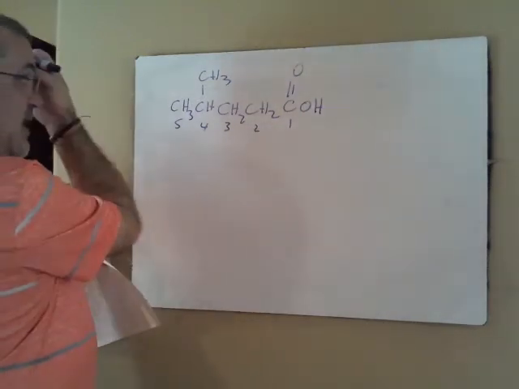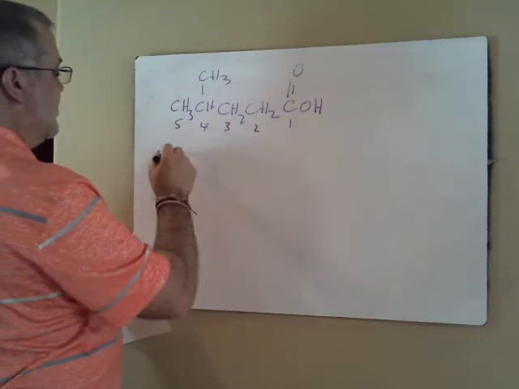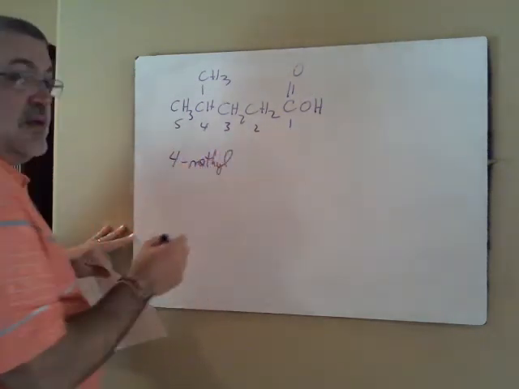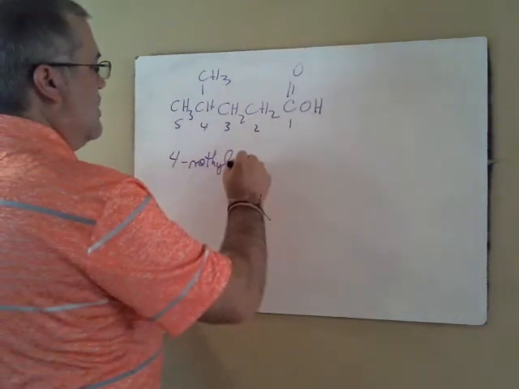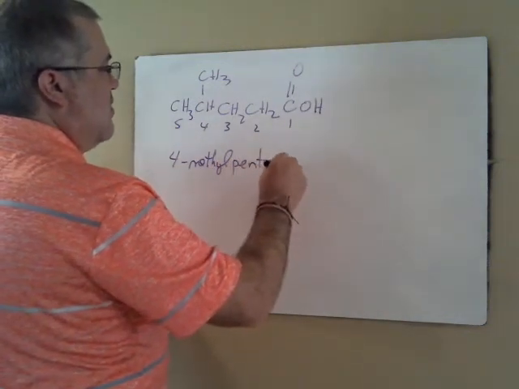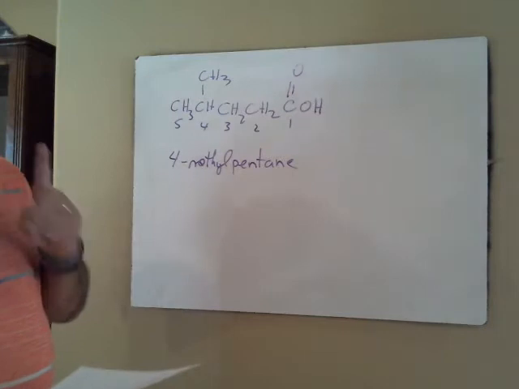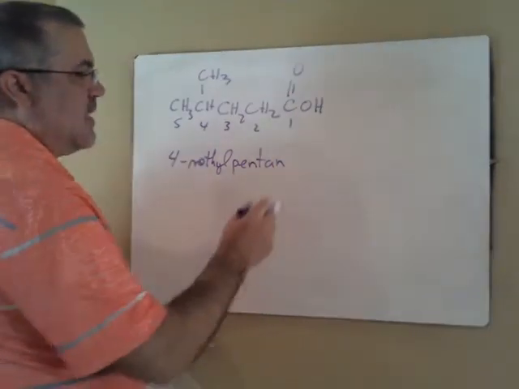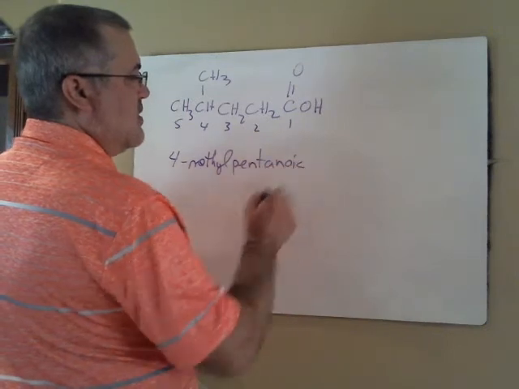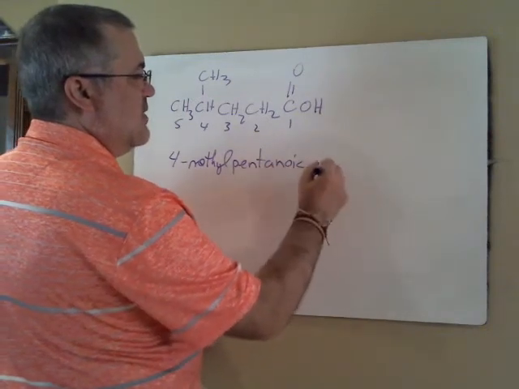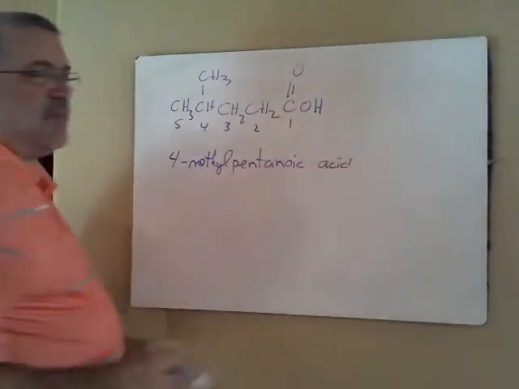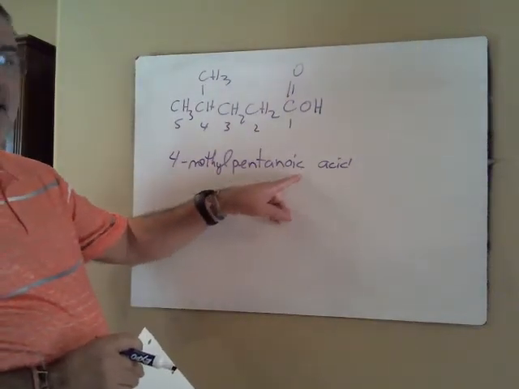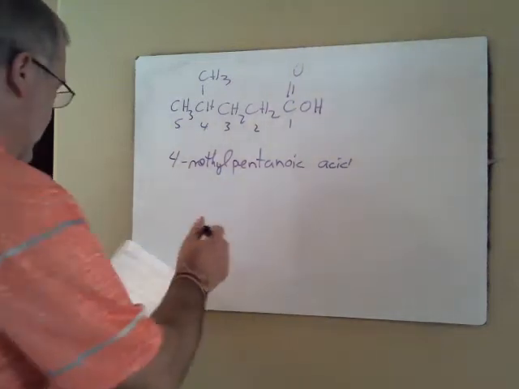So if it were an alkane, what would this be? 4-methylpentane, right? But since it's an acid, we drop the E and we add oic space acid. Okay, so 4-methylpentanoic acid.